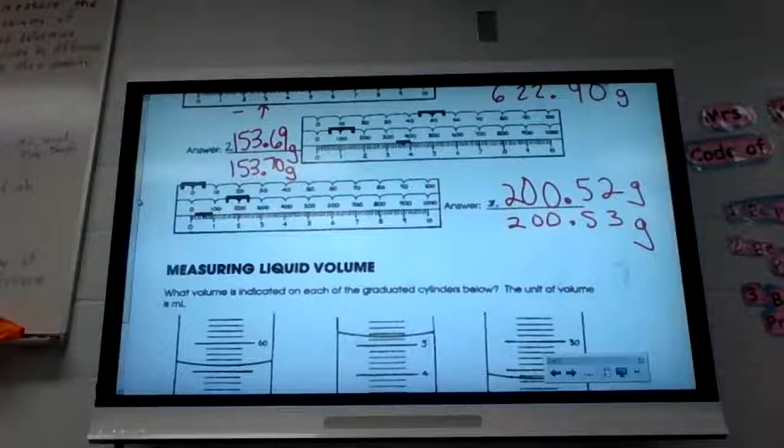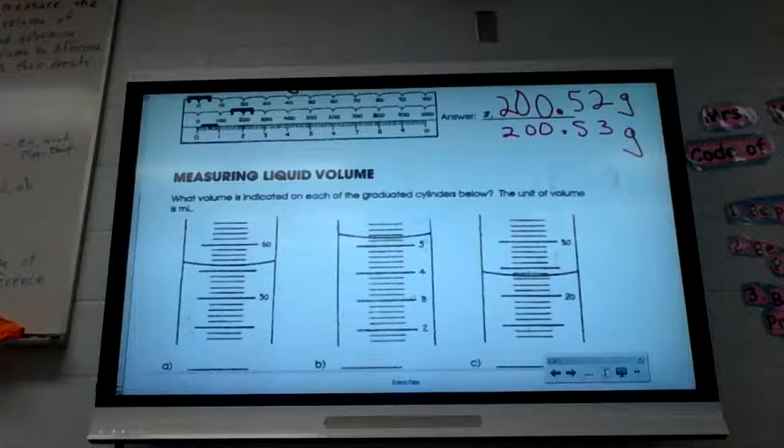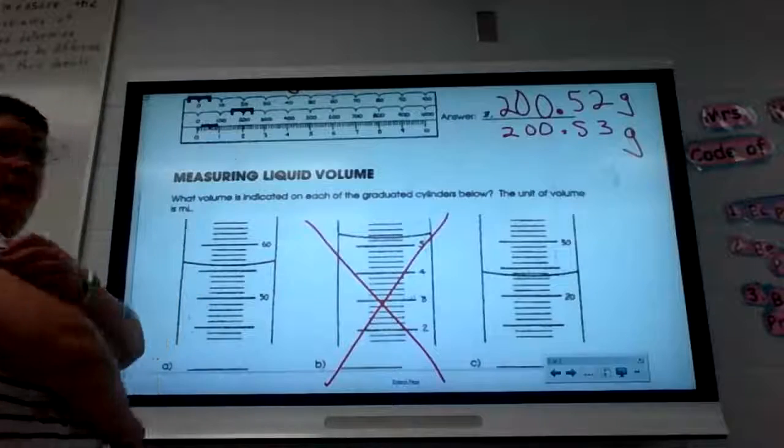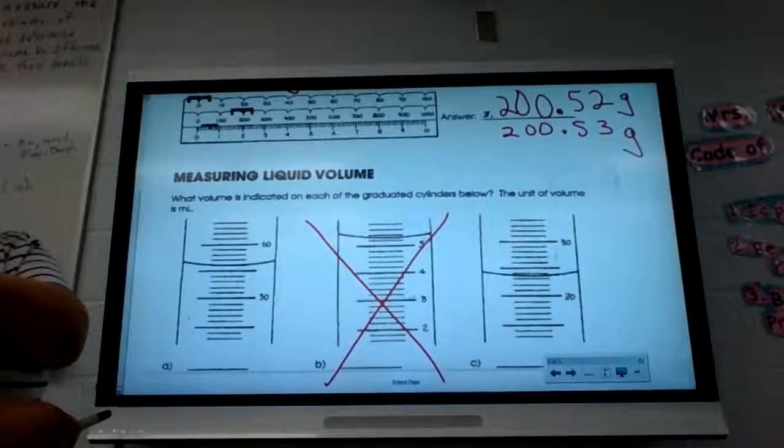Now, how will you know to put a guess there in the lab? If it reads to tenths, where does the guess have to be? In the hundredths place. All right, so how are the graduated cylinders different? They're the ones. So the guess is only going to be where?